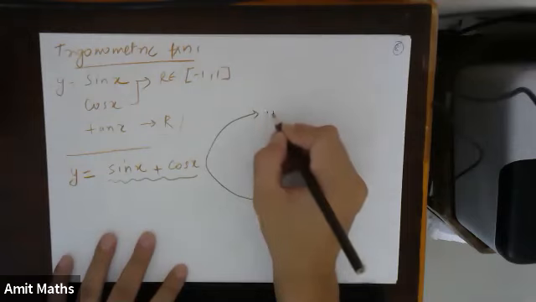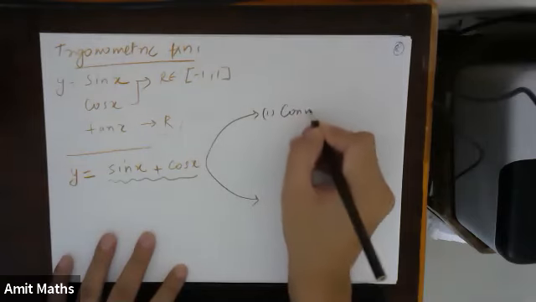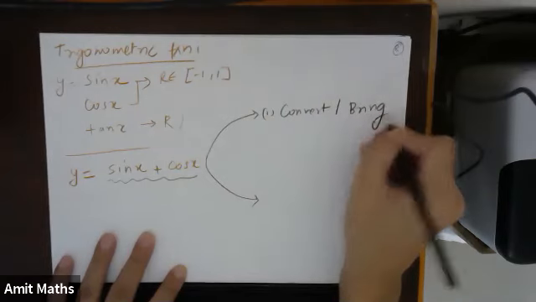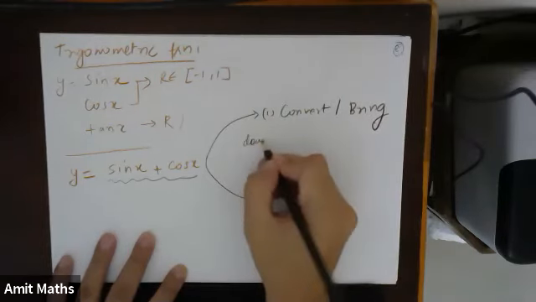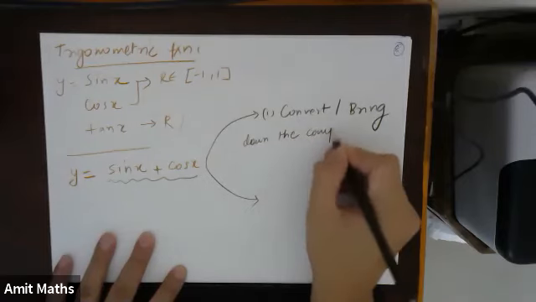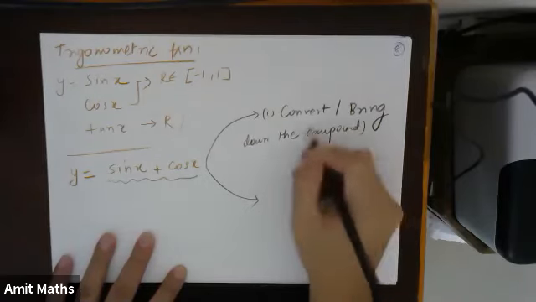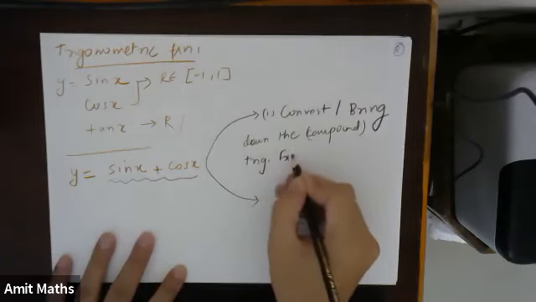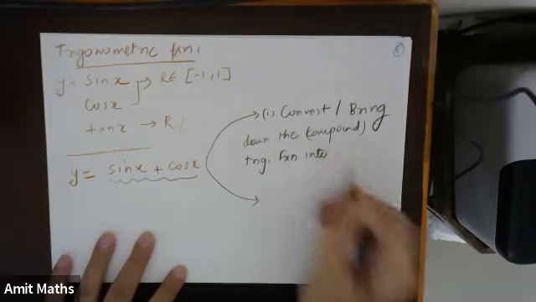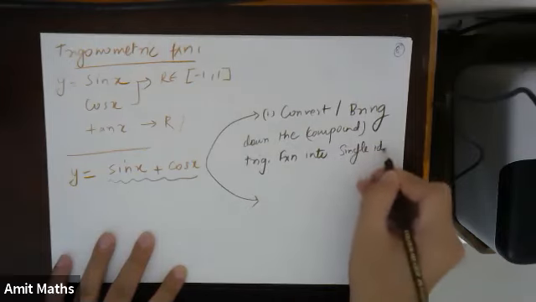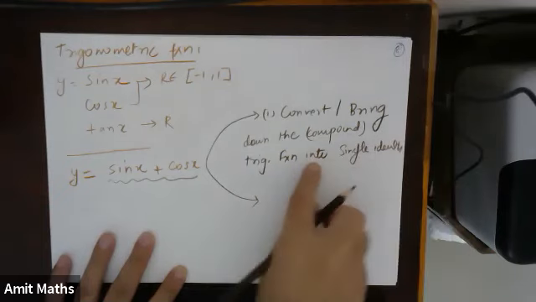First is to convert or bring down the compound trigonometric function into a single identity. I will explain what this is.